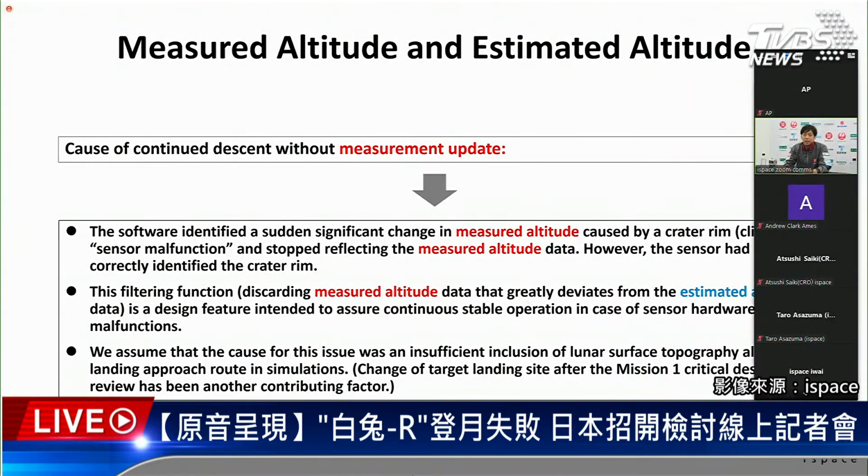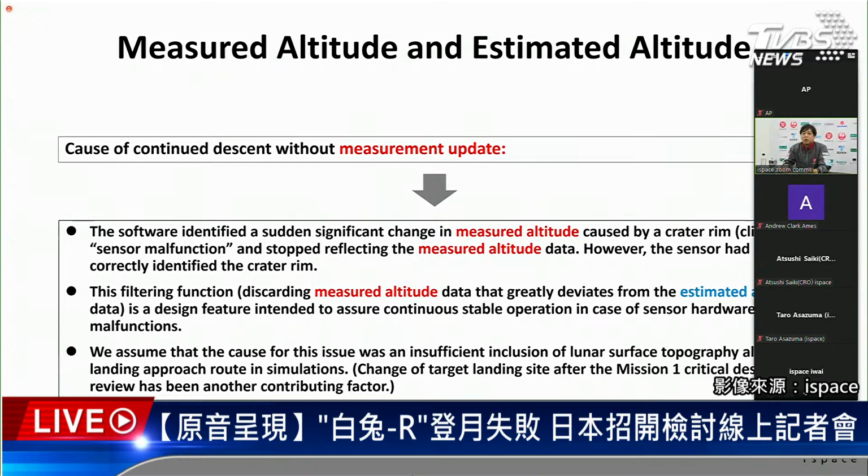As I already explained, the cause of the continuous descent without measurement update was the crater rim, and our software design was not capable of correctly reflecting that data and correcting the estimated altitude.